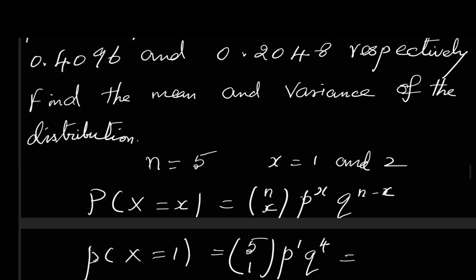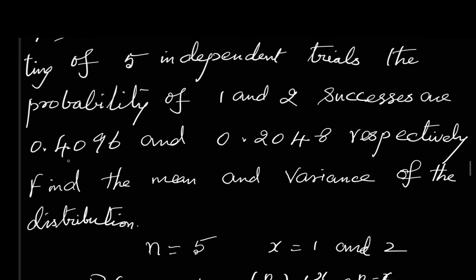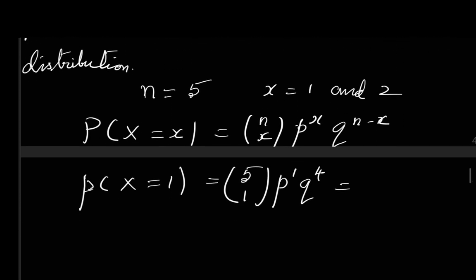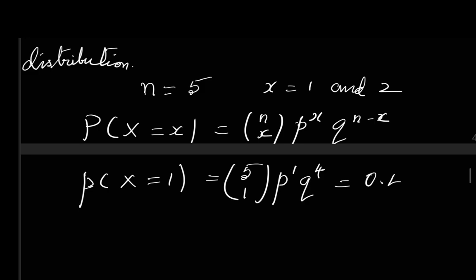This is given as, when x is equal to 1, the value is 0.4096. So just simplify this. 5C1 is 5, P Q power 4 is equal to 0.4096.